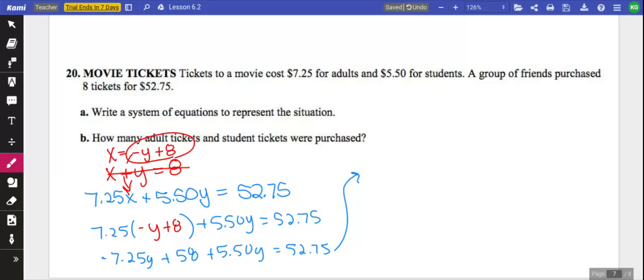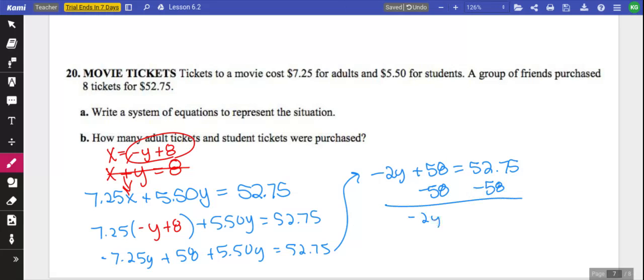Negative 7.50 plus 5.50 is negative 2y plus 58 equals 52.75. Subtract 58 to both sides. Negative 2y. That can't be right. I did something wrong here. Let's see.